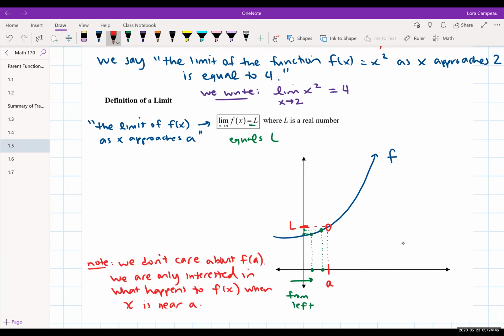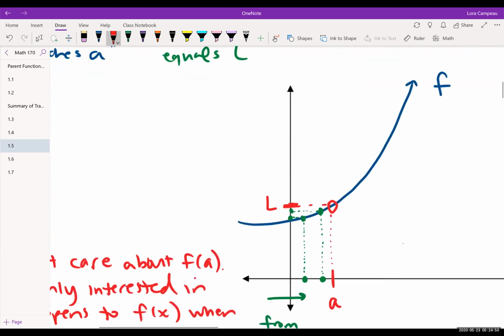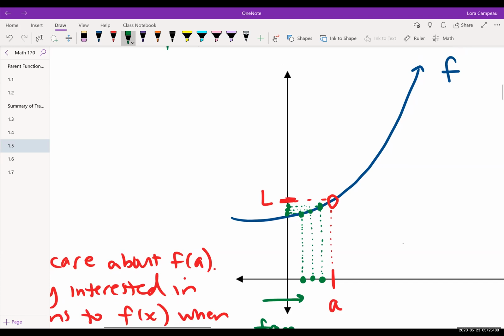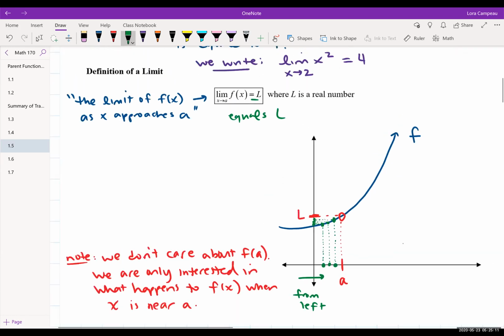So we can take this a little bit further. If you keep choosing these x values, I'll even blow this up a little bit. As you keep choosing particular x values, finding where they're located on the function, the closer the x value is to a, the higher the y value is, and the closer it gets to the limit L.